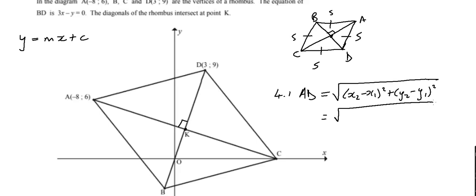Decide any point between A and D to be your x1, y1, and the other one as your x2, y2. So let's say 2 is point D and 1 is point A. So this is going to be 3 minus negative 8 squared plus 9 minus 6.